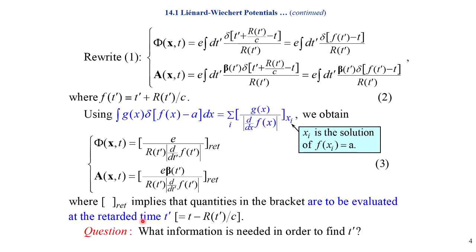It's the retarded time. I don't like the term retarded time because it is easily confused, but it's still better than the advanced time. That means the time that an event happened and takes time to propagate to a later time, to propagate to an observer.